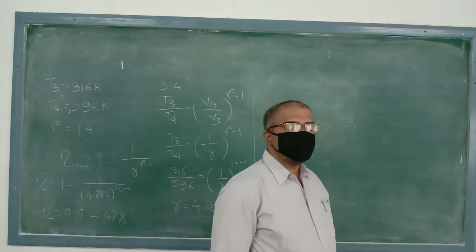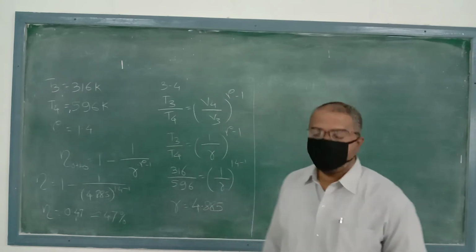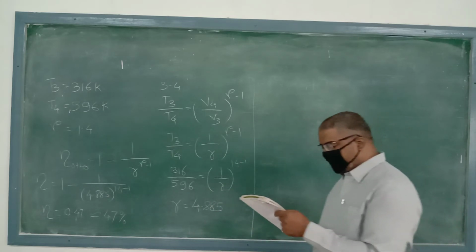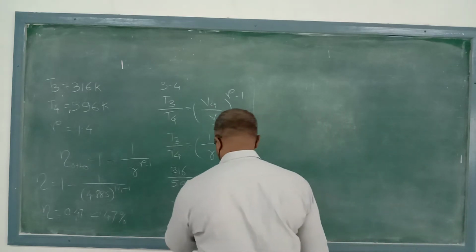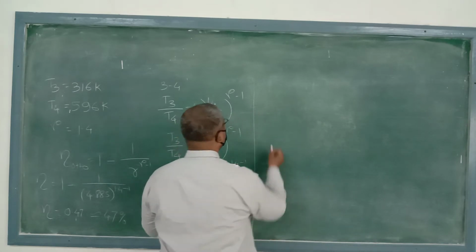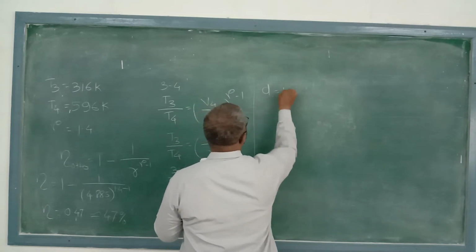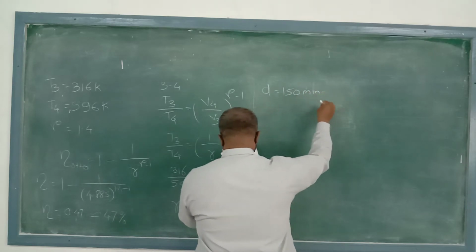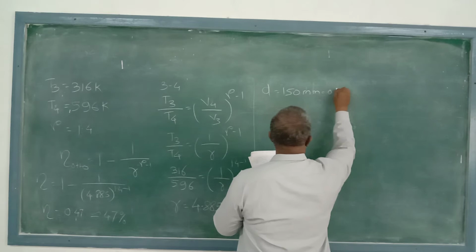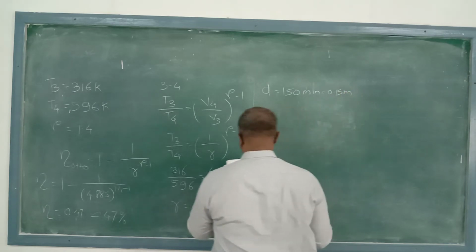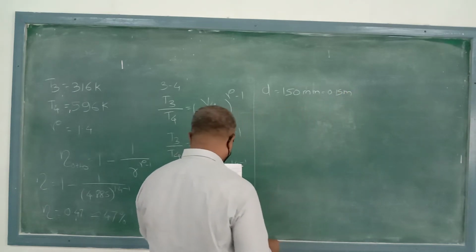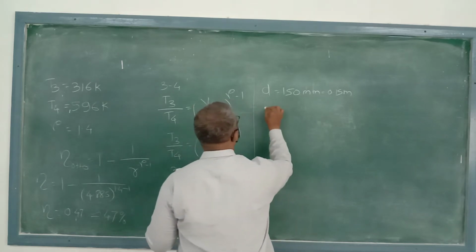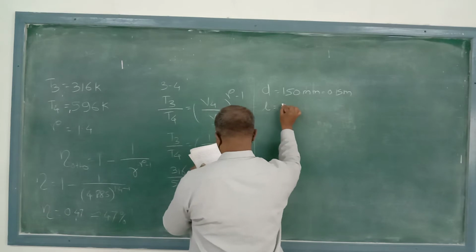Now in this problem, first of all we are going to note down the things which they have mentioned. The engine working on Otto cycle has cylinder diameter of 150 mm, so we are converting it into meter. Next they have given the stroke of 225 mm. Stroke means they have given the stroke length.